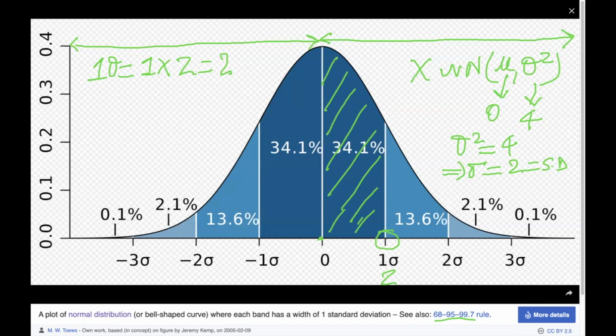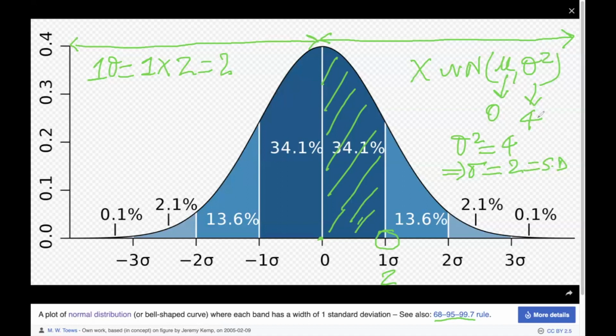If we consider petal length or any similar measurement, it's important to note that they cannot be negative. So let's suppose we have a variable x that follows a Gaussian distribution with a mean of 0 and a variance of 4.